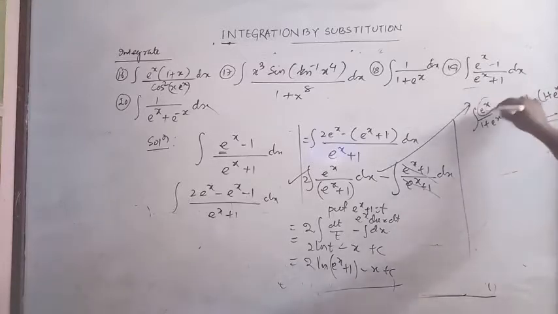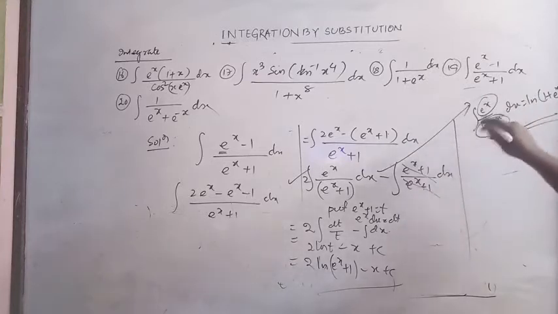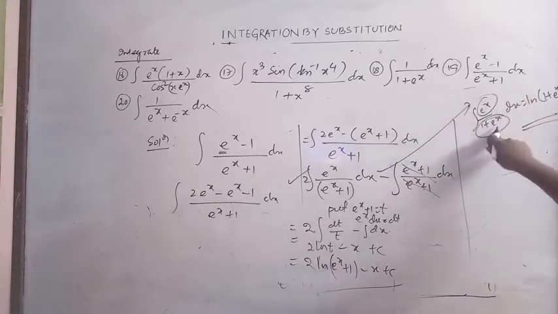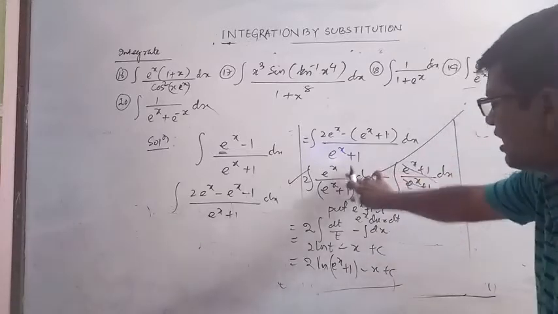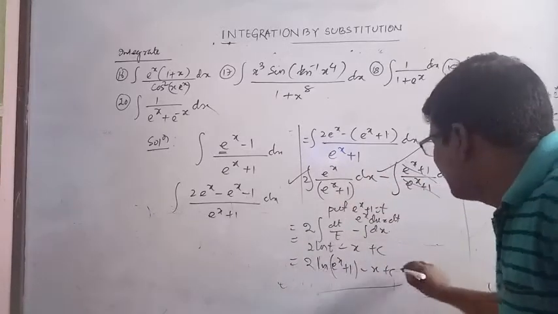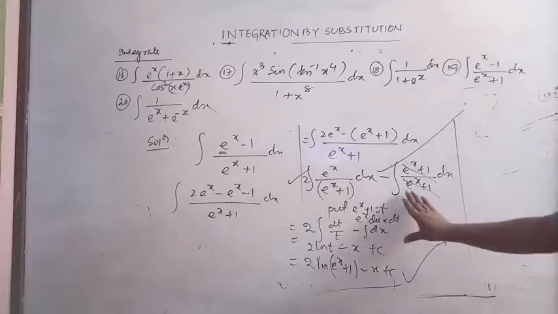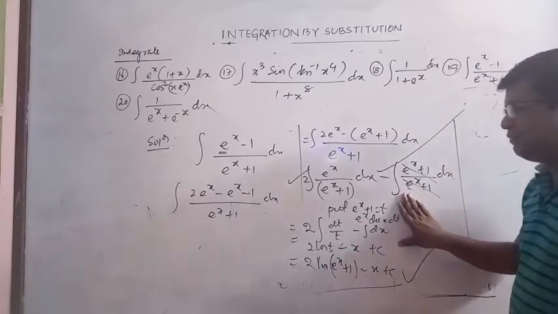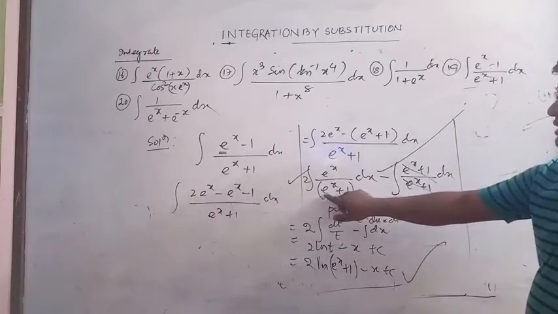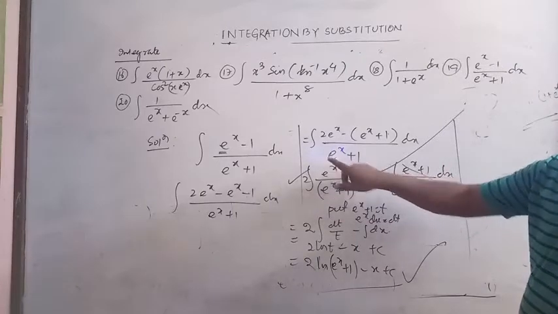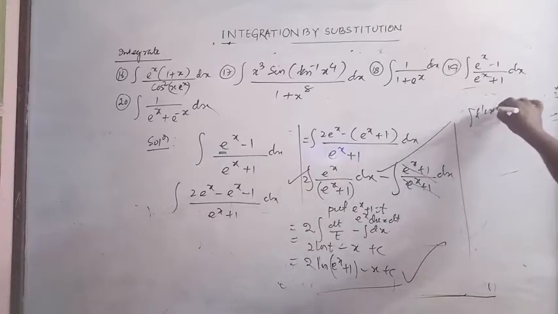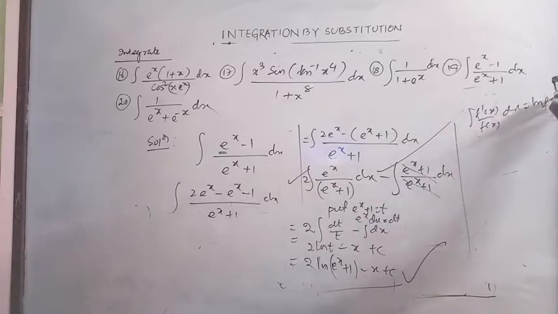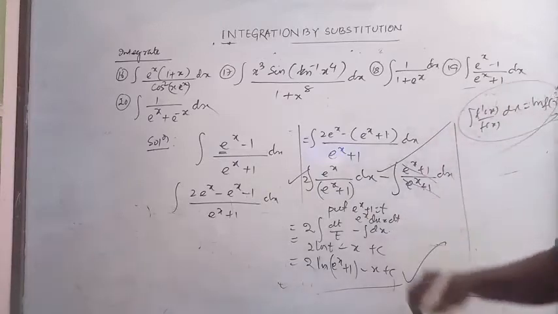Because this is f of x and this is f dash x, f dash x by f x is equal to log f x. So you can put the formula directly. You may or may not do this step, because this is f of x and this is f dash x. Integration of f dash x by f of x dx is equal to log f x. This is a very important formula.